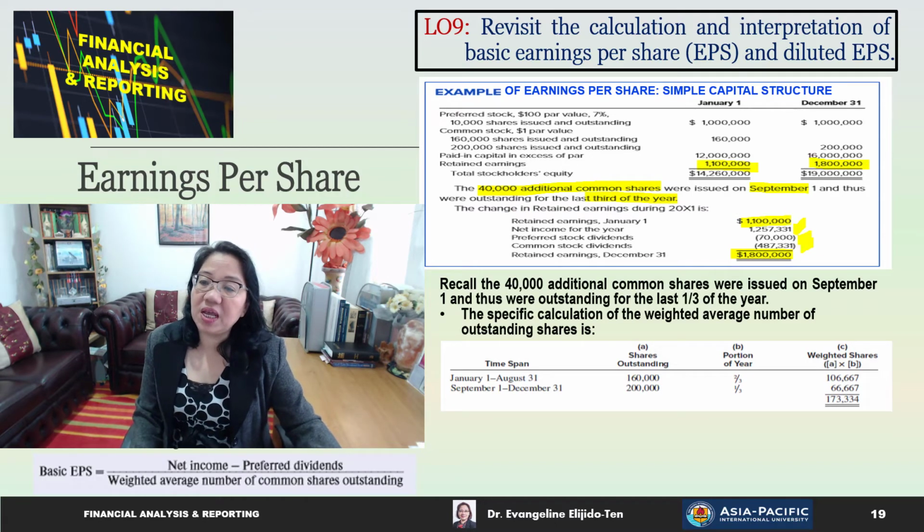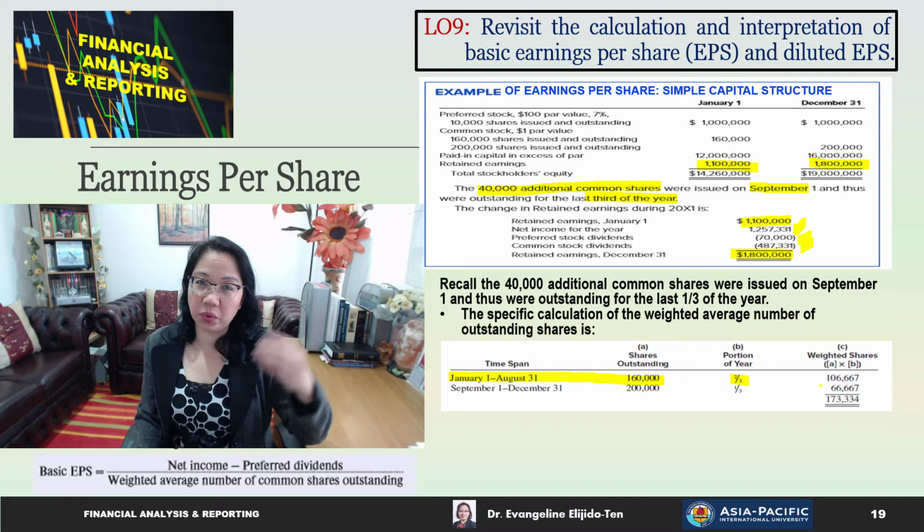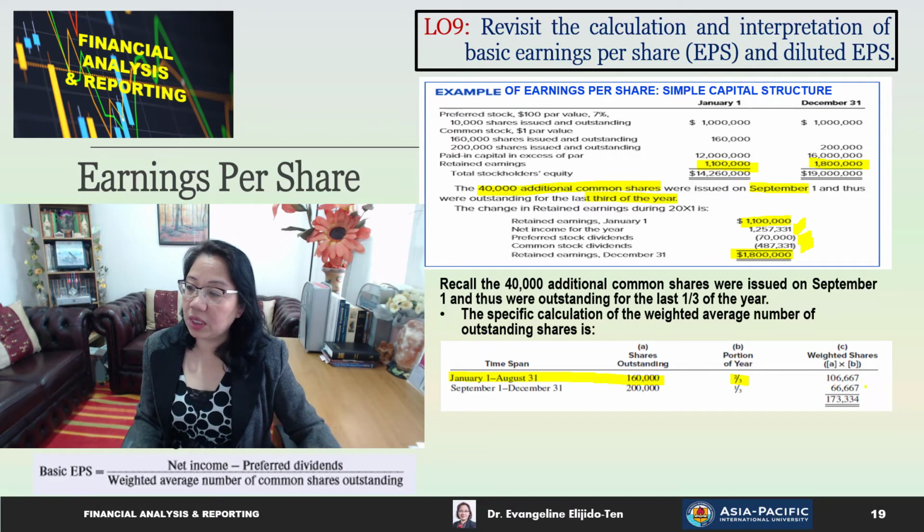The specific calculation of the weighted average number of outstanding shares would be 160,000 is the number of shares outstanding from January 1st to August 31st. So that will have a weighting of 2/3 because that's 2/3 of the year. And so that would give us 106,667.